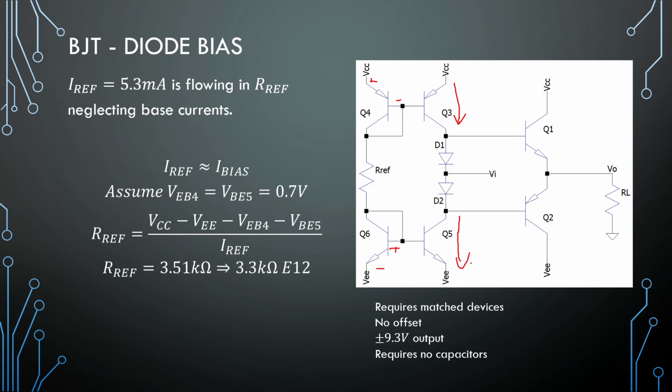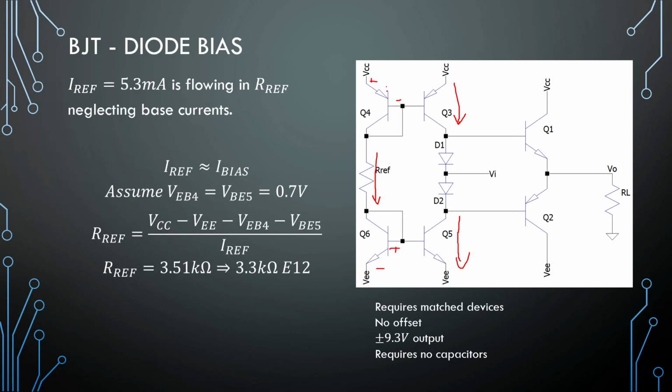So the current up here and the current down here is the same, and the current flowing in this reference resistor is the same as those two currents, and it causes this circuit to be nicely balanced. Okay, but this is a very complex kind of setup.